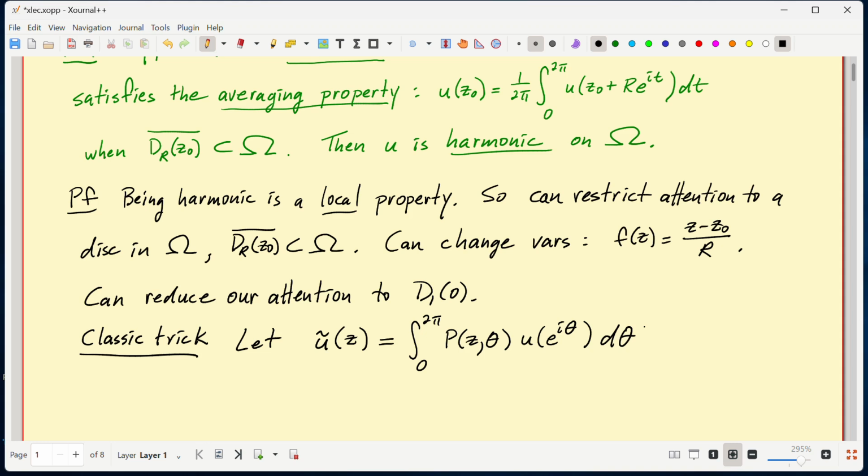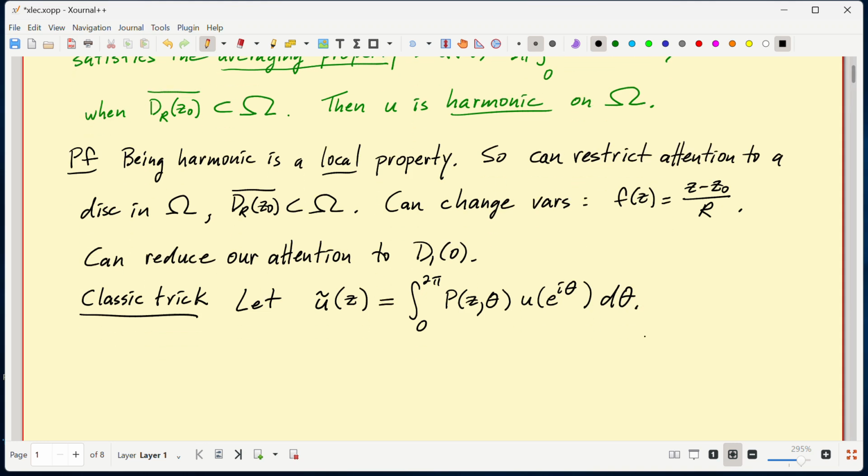We know that u twiddle is harmonic on the inside. We know it's continuous on the closure.